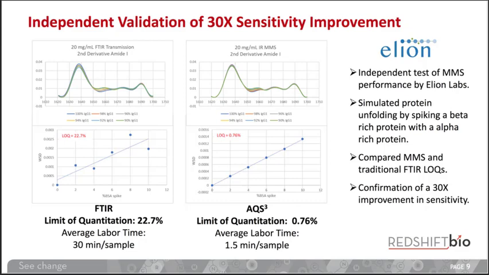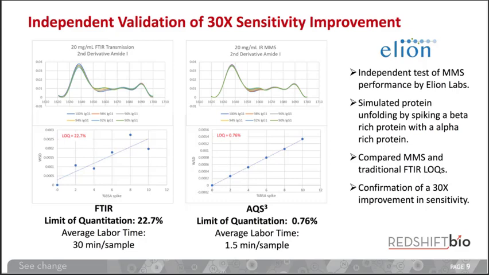When they dive into the data, they see that the limit of quantitation under FTIR measurements here, the concentration I should mention is 20 mg per mil, is about 22.7%. In contrast, MMS yields a limit of quantitation much, much better. It's down to below 1%.